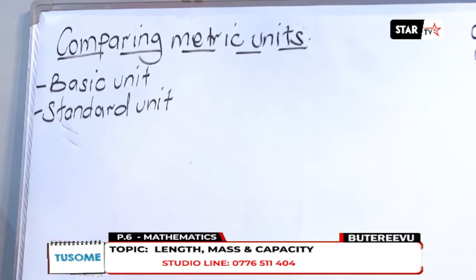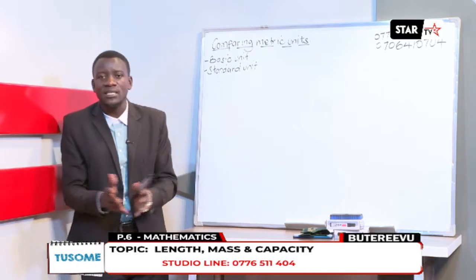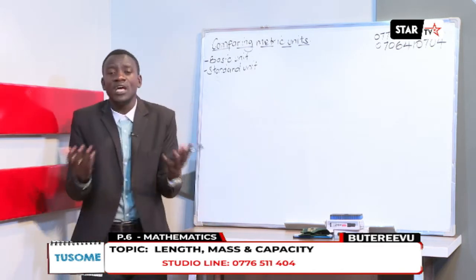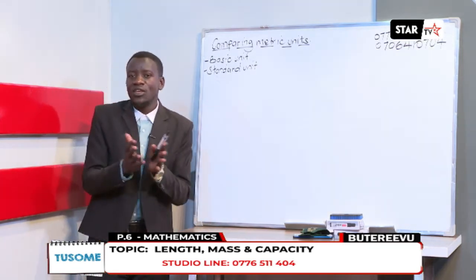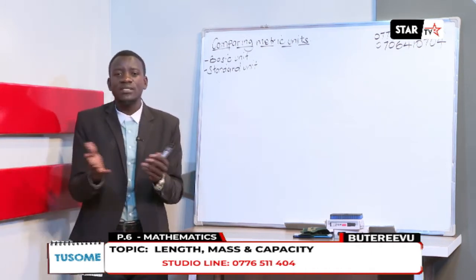With this basic unit, we can order different units in measurements. At this time, we're going to measure different units. Where do other metric units come from?